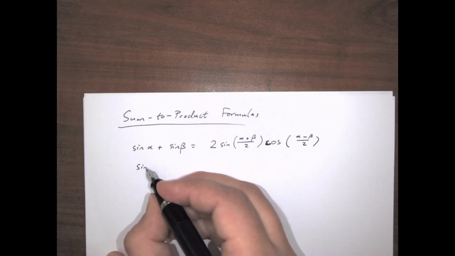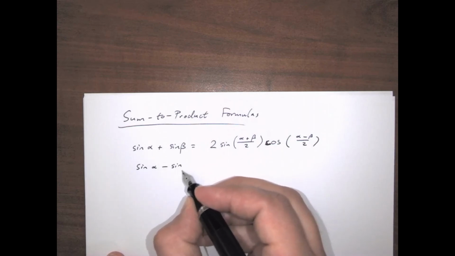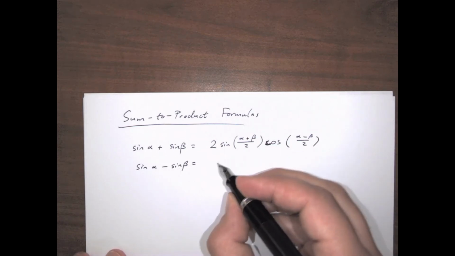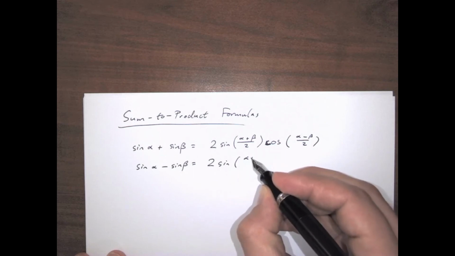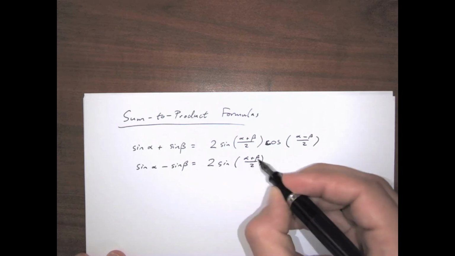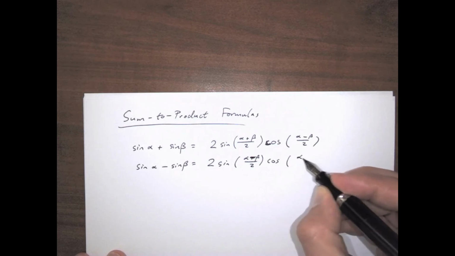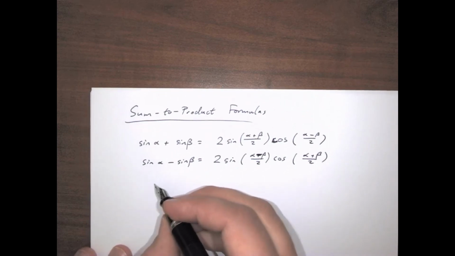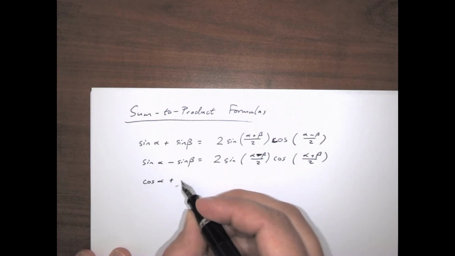Sine alpha minus sine beta, on the other hand, would be very similar, except that it would be 2 sine of alpha minus beta over 2, and cosine of alpha plus beta over 2.